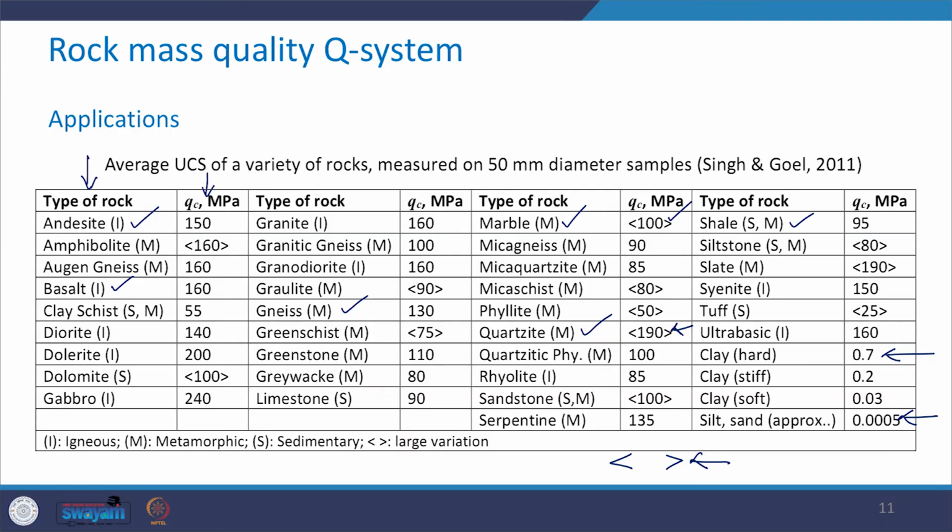Like that you can take the example of quartzite, its value will be varying quite largely, around 190. Similarly, for hard clay it is 0.7 megapascal, and in case you have silt, sand, approximately all these materials, then you will have this low value of UCS.